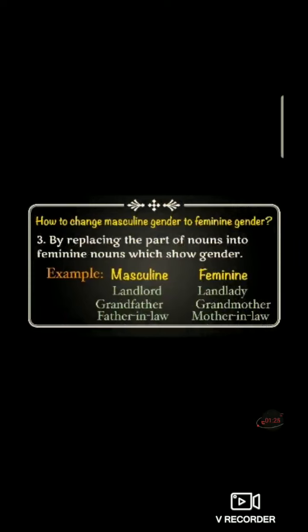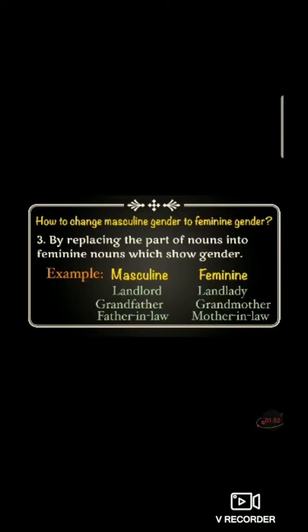Now the third point: by replacing part of the noun with a feminine noun, we show gender. For example, in masculine gender the very first one is landlord, so in feminine gender the answer will be landlady.